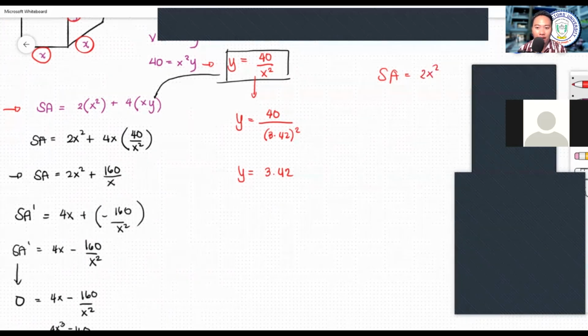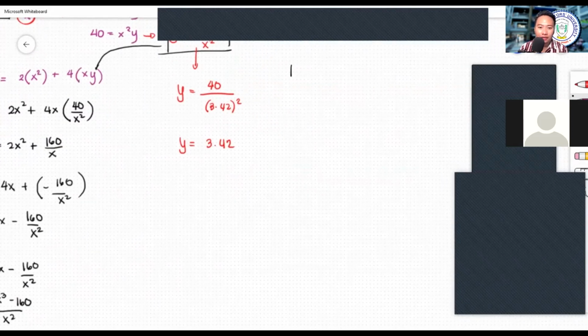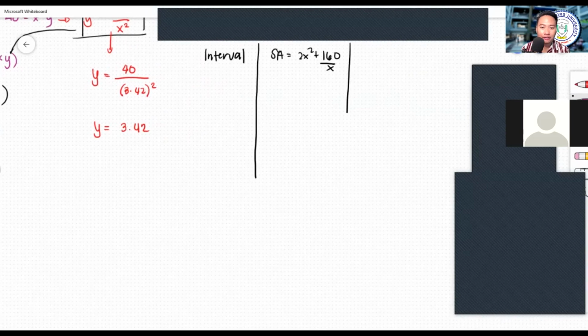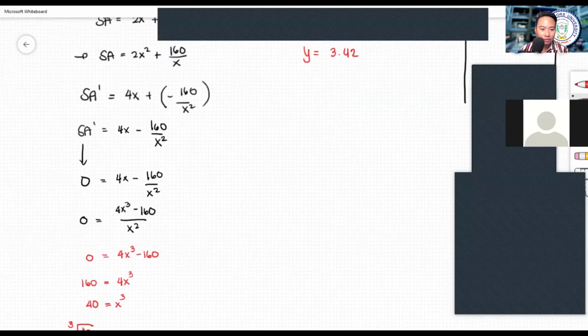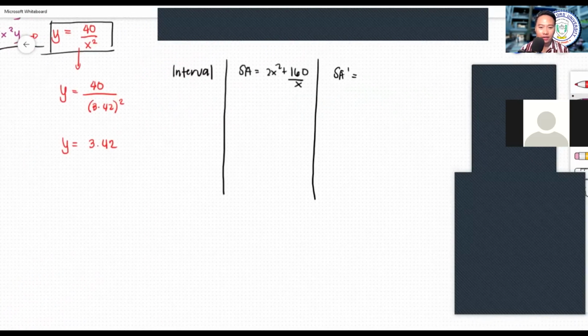Let me make a table so you can see. Here is the interval. Depending on the question, SA equals 2x squared plus 160 over x, and the first derivative is 4x minus 160 over x squared.